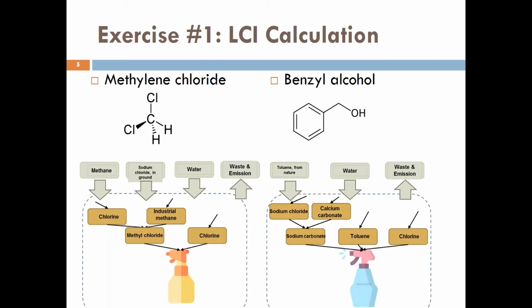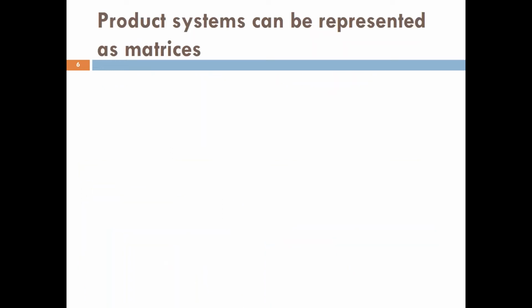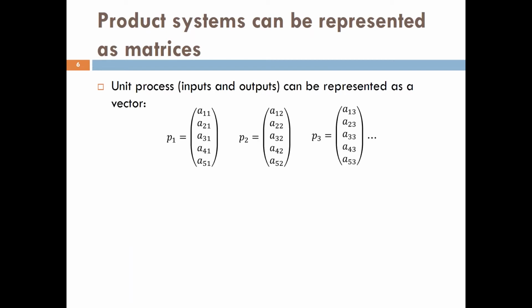So producing chlorine, for example, what are the inputs and what are the outputs? Intermediate inputs means the inputs from other processes, and elementary inputs and outputs means the inputs from nature or outputs to nature. So how do we record that? How do we represent that?